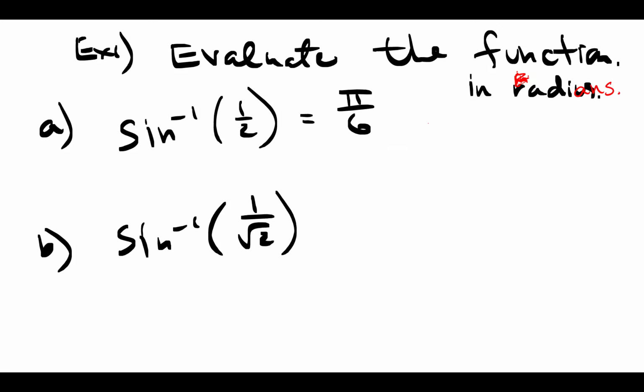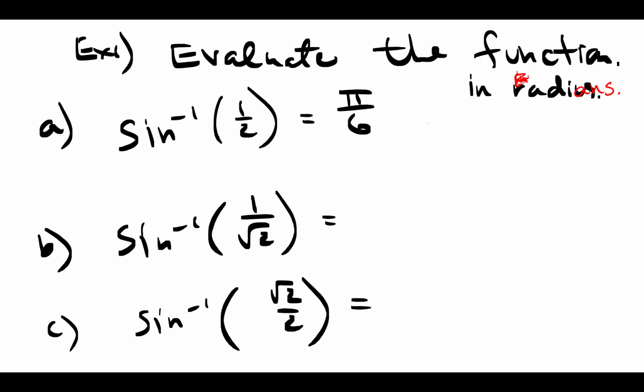Yes, this is a sneaky one because remember, √2/2 is the same thing as 1/√2. And we got ourselves pi/4. Perfect. How about this one? That's pi/4. Same spot, same exact question, just stated differently.